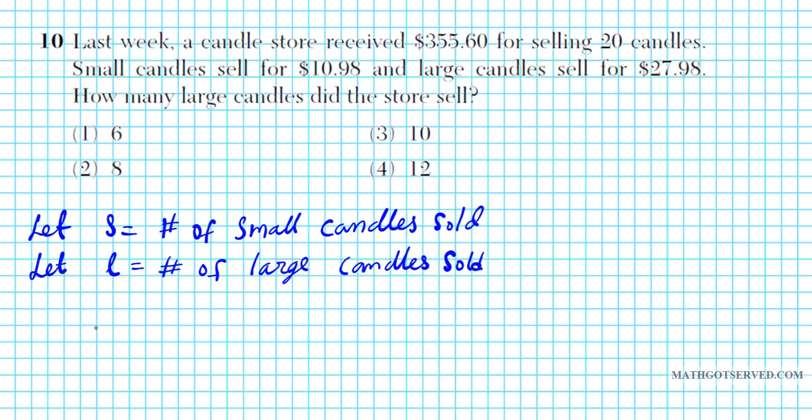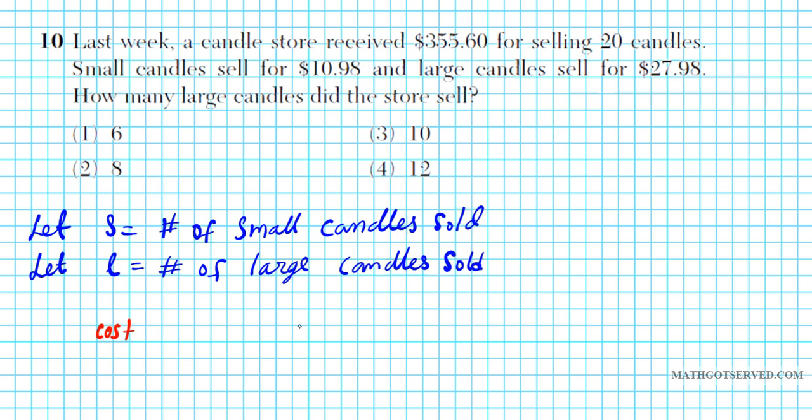So let me start with my cost equation first. Remember we talked about this in the first installment of this review series: we multiply the unit price times the quantity. That basically gives you the total price, or total cost.